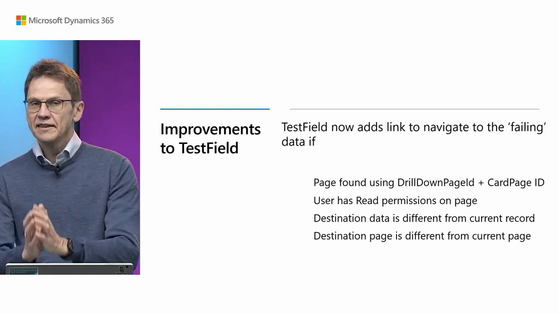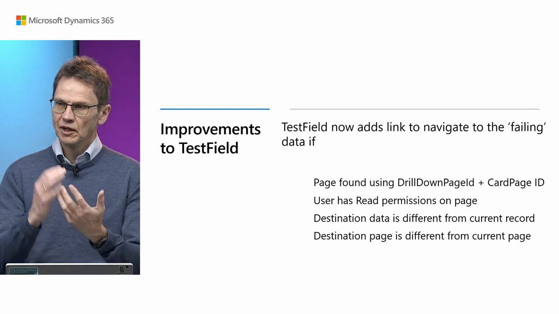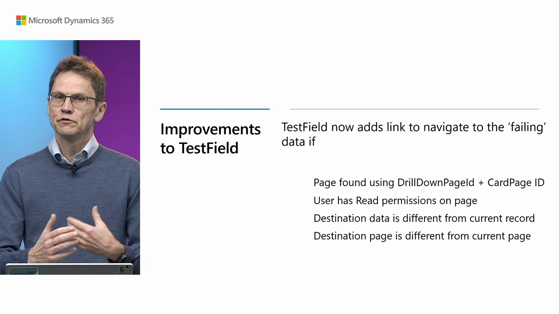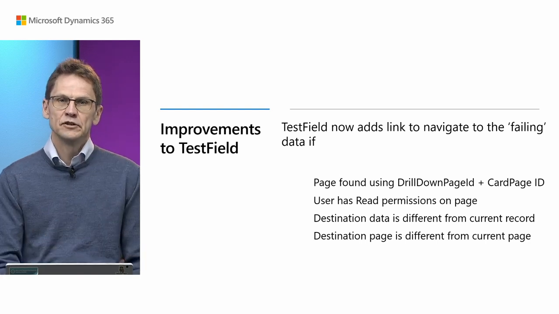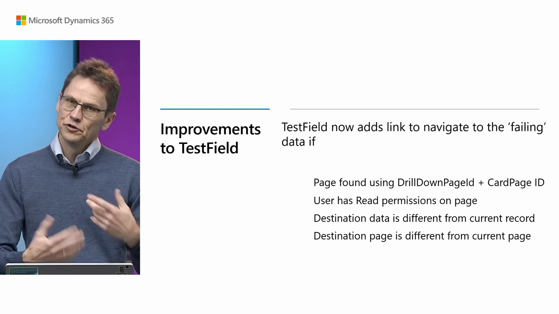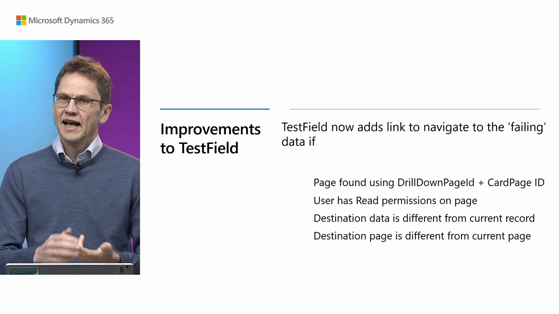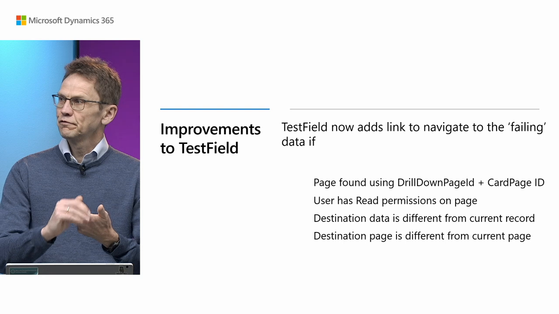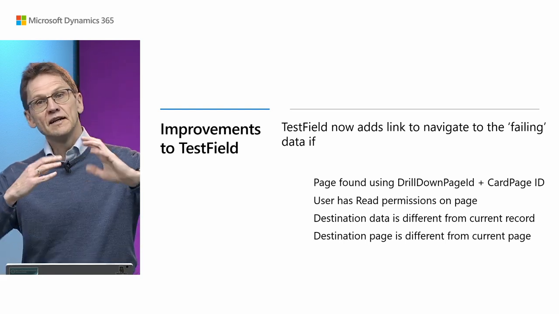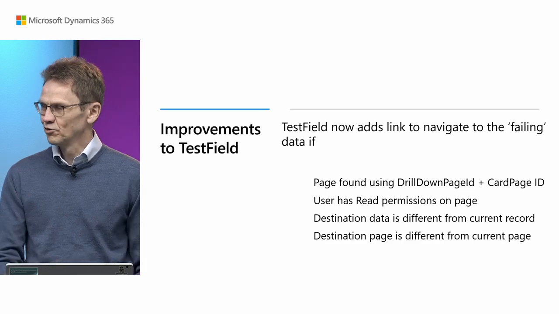It will add this navigation link if a number of conditions are present. That it needs to be able to figure out what page to navigate to using drill down page ID and card page ID. The user needs to have read permission, and it needs to be to a different record and a different page than you're currently at, because you don't want a second copy of what you have already open.